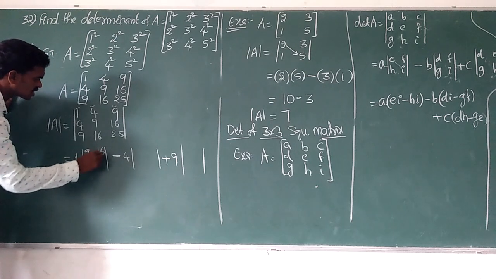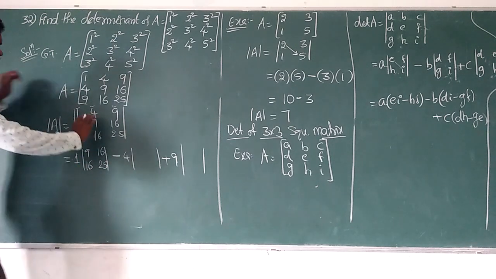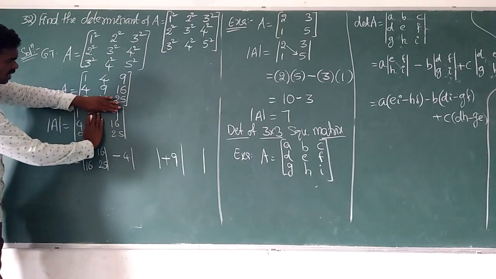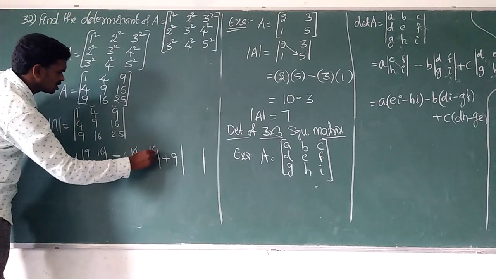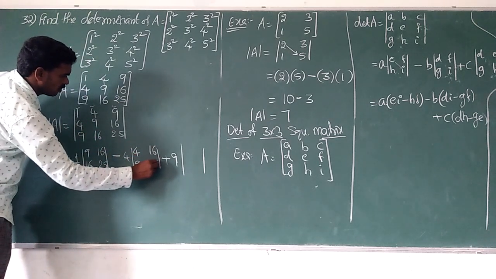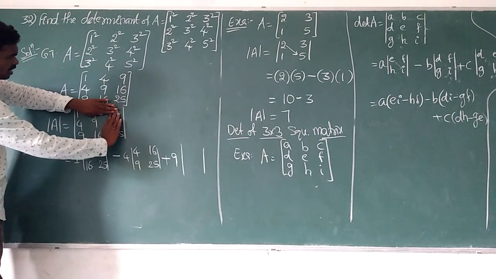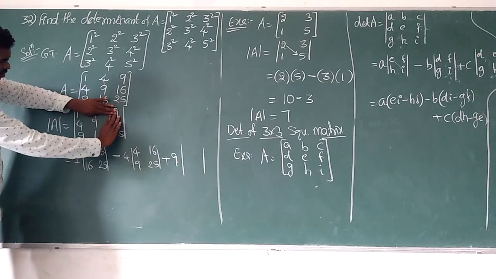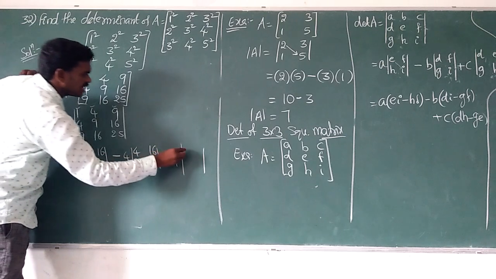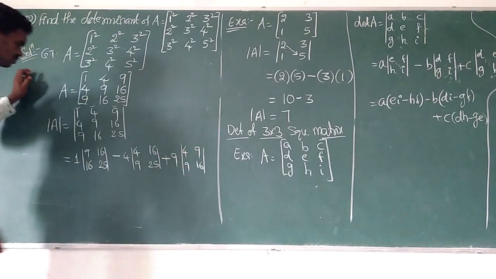Next for 4, close the column and the row. The remaining elements are 4 16 9 25. Next, for 9, close the 9 row and 9 column. The remaining are 4 9 9 16.